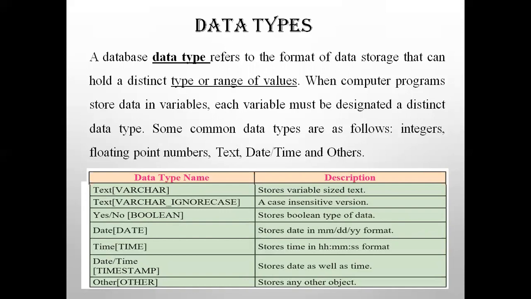Varchar, or variable character, defines the maximum number of characters for the field. For example, if you have a variable name, where you are writing a name in the table, that will be of data type varchar. That will define a name having up to a certain number of characters. So if you say varchar(50), that will define a name having up to 50 characters.